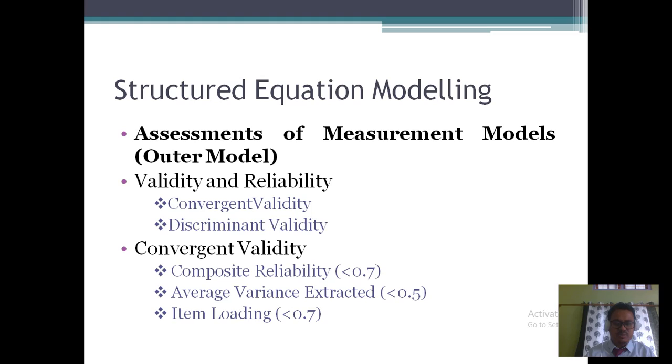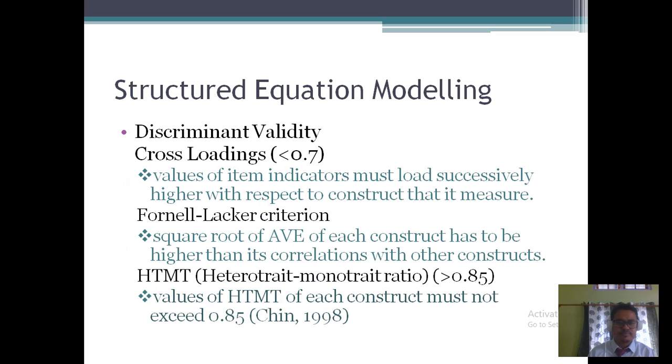In addition to that, the item loading, that is the items that are used in order to define different constructs of the theory, has to have a value more than 0.7. Items with loading less than 0.7 have to be dropped from the analysis in order to establish convergent validity. Usually these three measures are computed in the output of SmartPLS, so there is no need to compute manually.